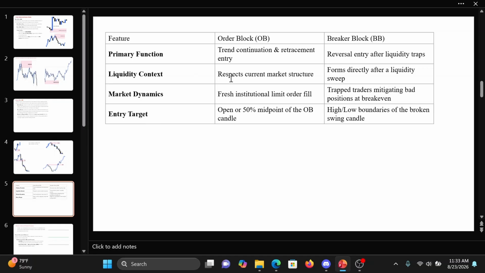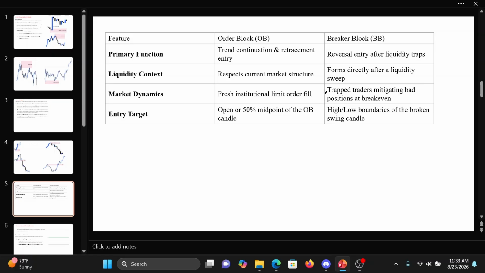So liquidity context. Order blocks respect current market structure. Breaker blocks form directly after a liquidity sweep. Very important. Dynamic market dynamics: this is a fresh institutional limit order fill. So the market returns to fill orders that were at that point and continues in the direction it's supposed to go.